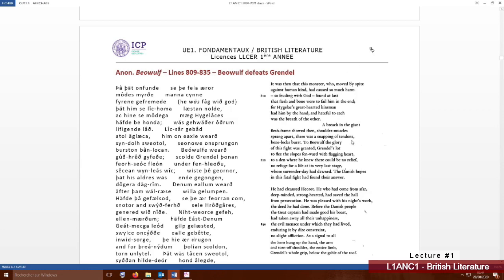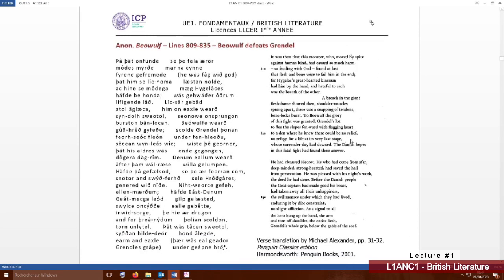And of course, on the right, opposite, I'm giving you the modern English version. I'll go only through the beginning to underline the presence of the two cultures, Christianity on the one hand, and paganism, the pagan worship of violence and warfare on the other hand.